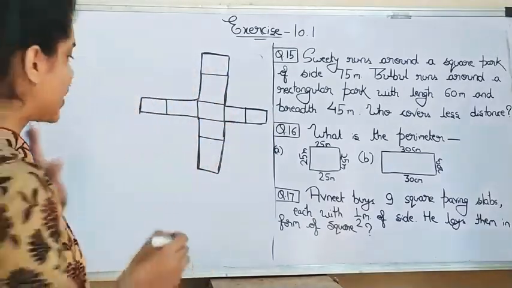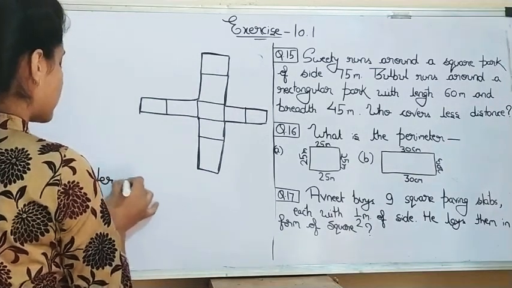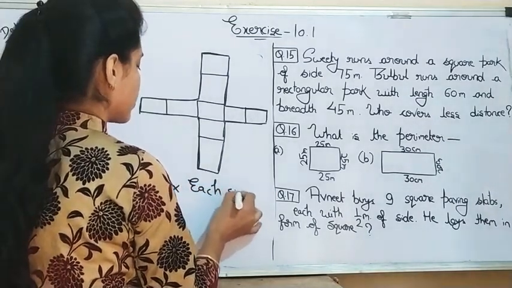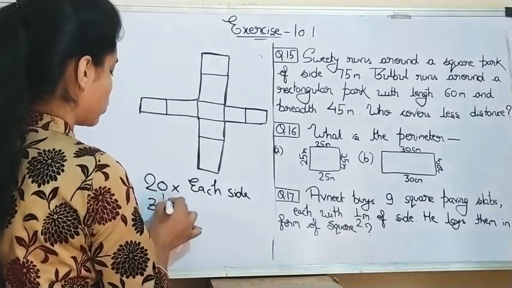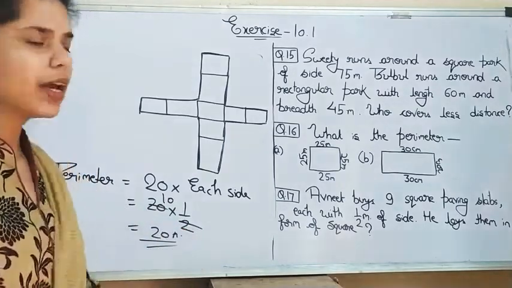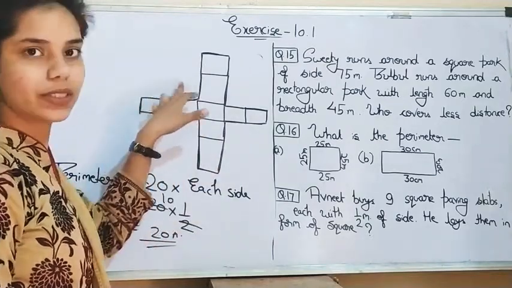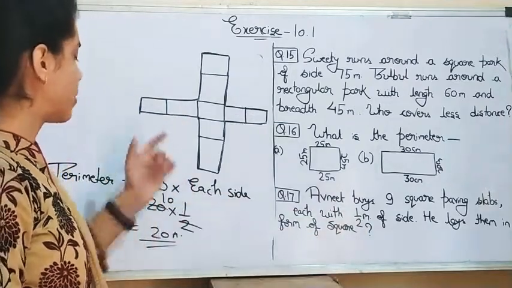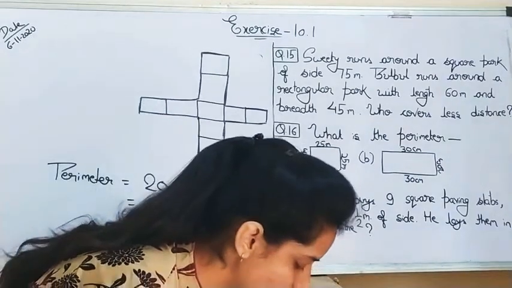There are 20 sides across the boundary, and each side measures half meter. So 20 multiplied by half: 2 ones are 2, 2 tens are 20. So we got the answer as 20 meter. We just have to count the sides, and since each side measures half meter, we multiply by 20 to get the perimeter. Understood this thing?